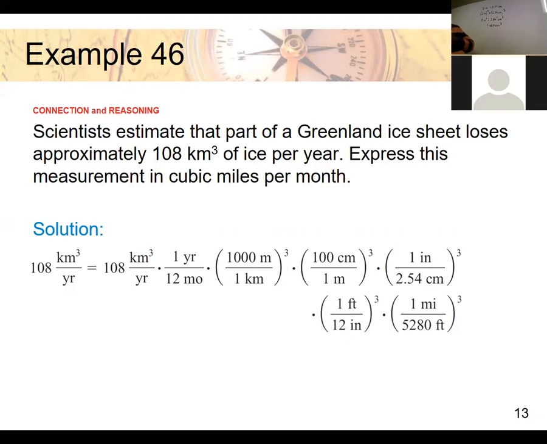Also cubic kilometers. 1 kilometer is 1,000 meters, but we're going to cube that. So here we want to get rid of the kilometers by putting the 1 kilometer in the denominator and 1,000 meters on top, and then that's going to be cubed. You'll be left with meters when this divides out.